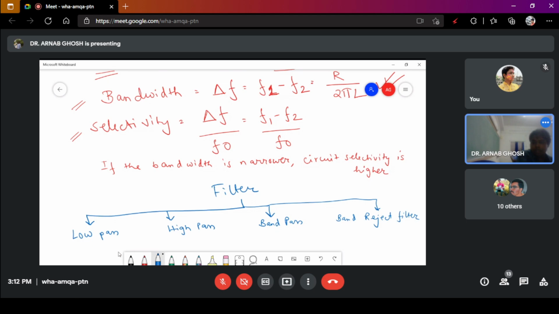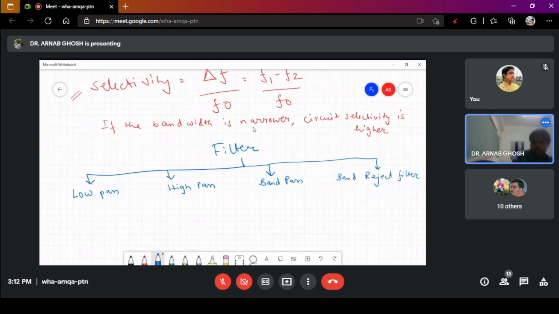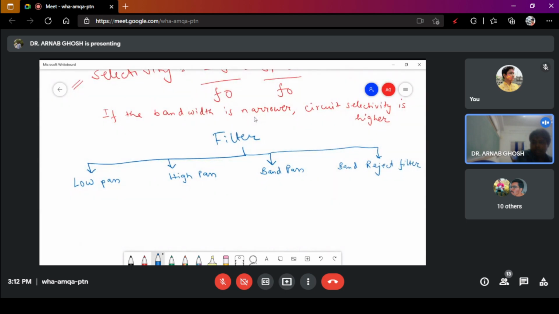So first thing, what is the utility of a filter circuit?